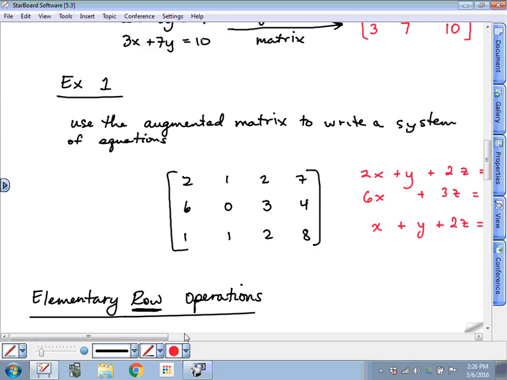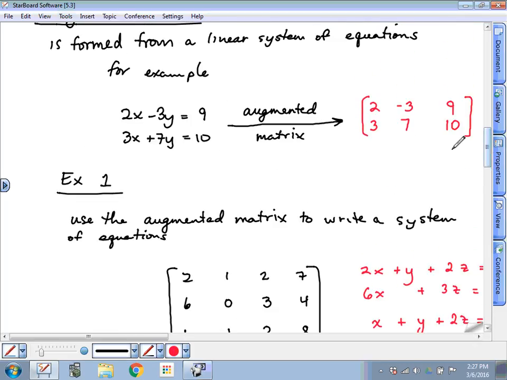Now, the third topic of the lesson is what are called elementary row operations. And essentially what they boil down to are all of the operations that you have done when you were solving a system of equations. For example, going back up here, if I wanted to solve this system of equations, I would most likely multiply the top equation by, let's say, -3, the bottom equation by 2, and then I would add the two equations together in the hope of eliminating a variable.